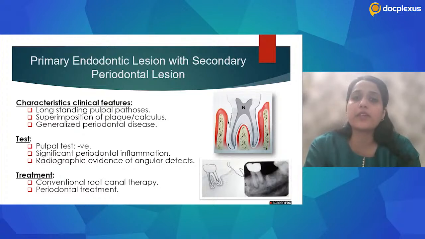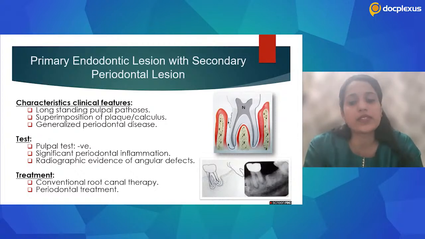Now coming to primary endodontic lesions with secondary periodontal lesions, the characteristic clinical features will be long-standing pulpal pathosis. Superimposition of plaque or calculus will be present because it is primary endodontic with secondary perio. Generalized periodontal disease should be present. Pulpal test will be negative. Significant periodontal inflammation will be present.